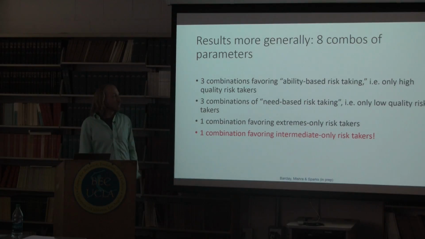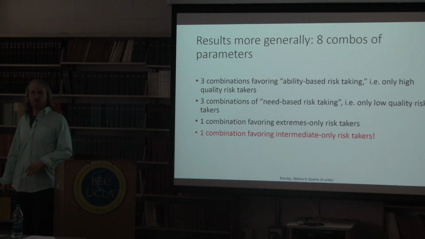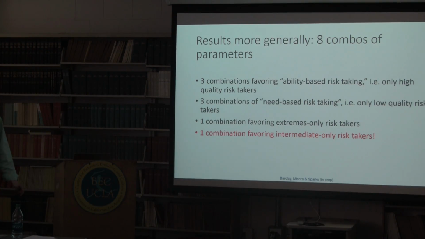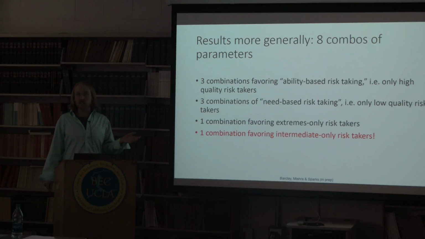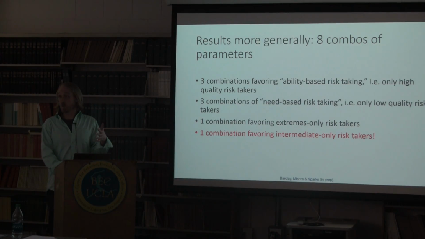But the math did reveal one, and it's an obscure combination. It's the most restrictive combination of the variables out there, but one where you expect selection on only the intermediate quality individuals taking the risks, but the highest and the lowest quality people don't. So here is a story of math revealing something that the intuitions didn't get to. So this is the kind of work that the verbal model can do.